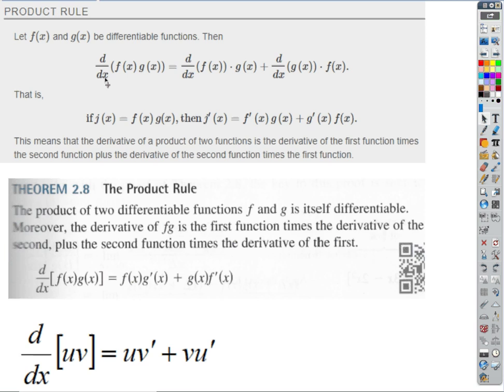So the derivative with respect to x of the product of f of x and g of x is going to be the derivative of f of x times g of x, so we're taking the derivative of f of x times plain old g of x, plus the derivative of g of x times f of x. Now because these things are being added, can I commute those terms?